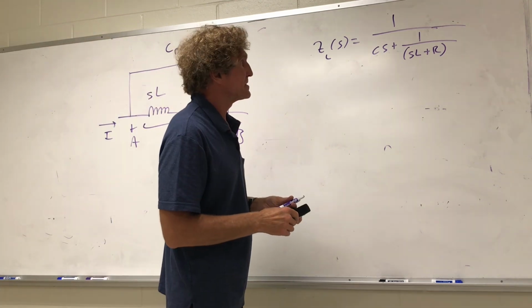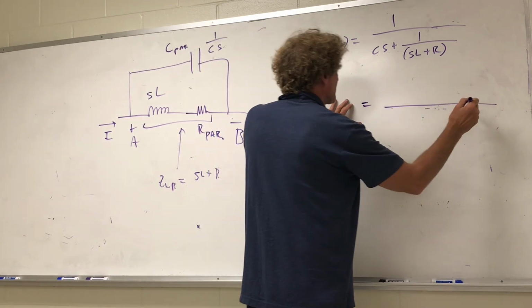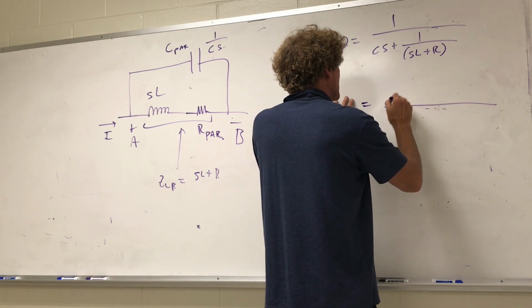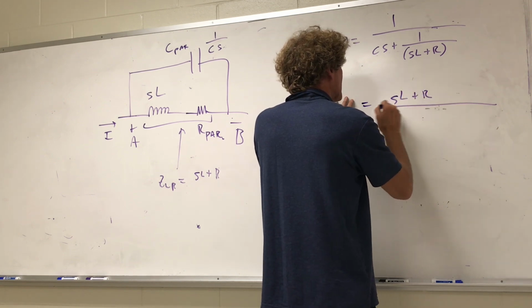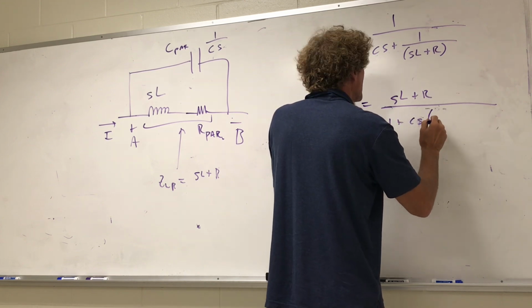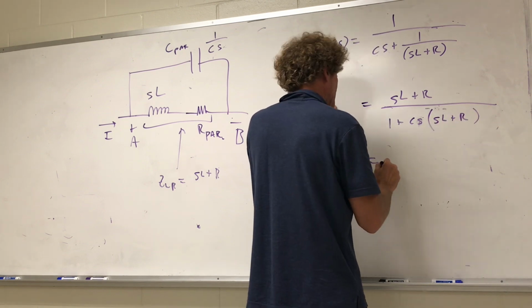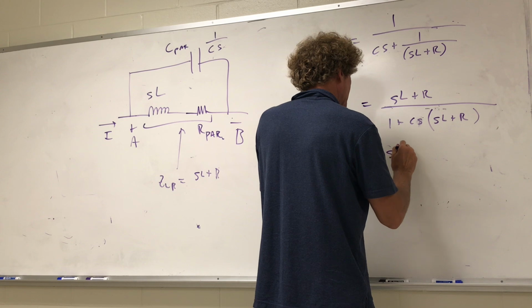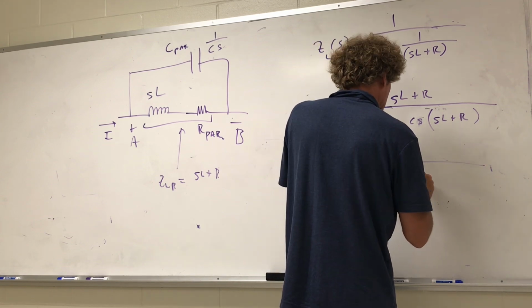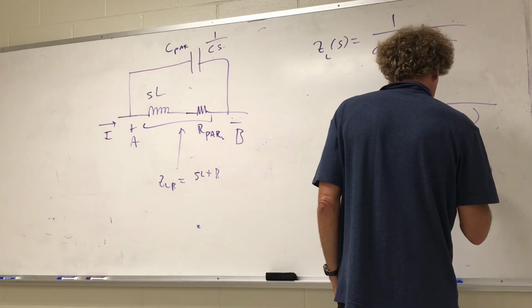The next thing is, what does this thing actually look like? Let me see if I can simplify this. I'm going to multiply top and bottom by SL plus R, so I get SL plus R here, and then I get 1 plus CS times SL plus R, and that's going to be equal to SL plus R over 1 plus LC times S squared plus RCS.